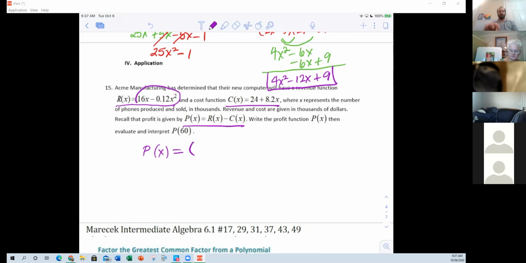Oh, 16x minus 0.12x to the power 2. Yep. And then minus C of x, what is C of x? 24 plus 8.2x. Yep. Okay, so now what do we have to do?